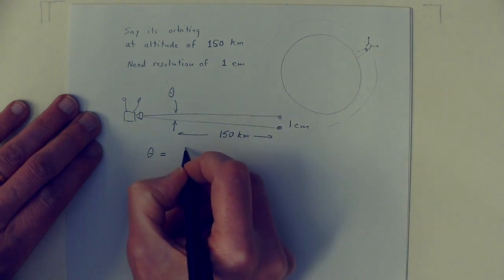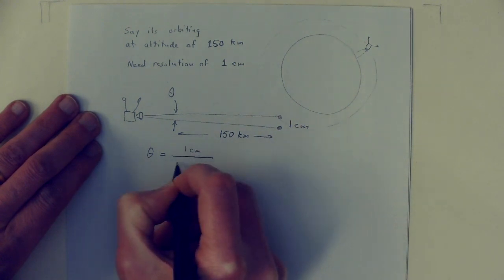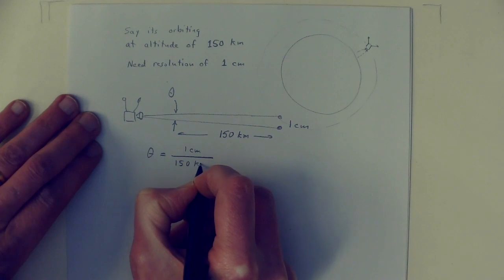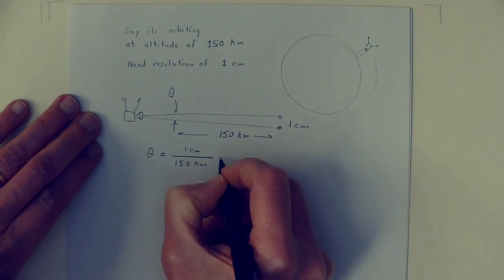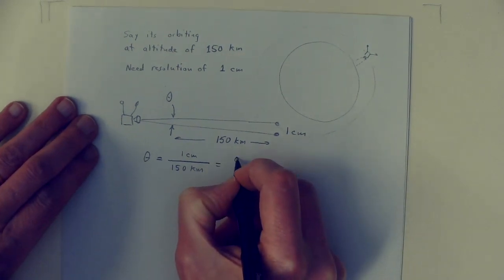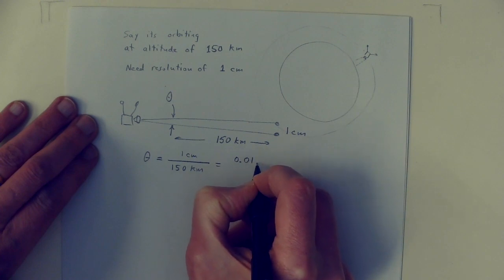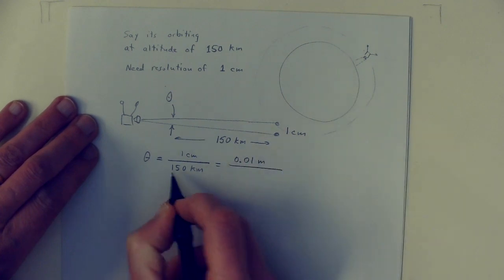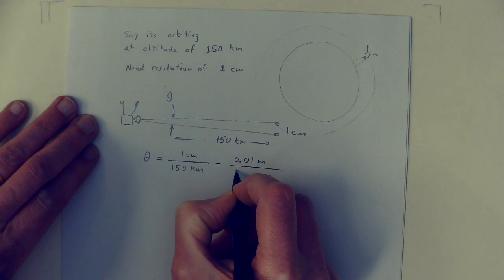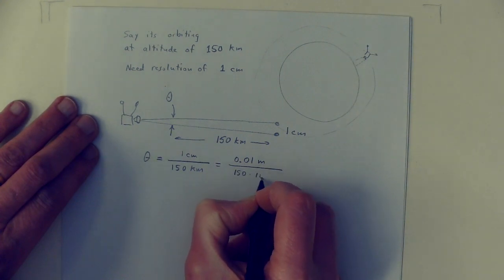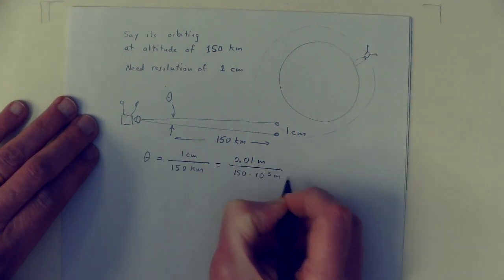The separation, so this would be this 1 centimeter divided by 150 kilometers, but we've got to fix the units here real quickly. So 1 centimeter I would rewrite as 0.01 meters. 150 kilometers, well, I could write that as 150 times 10 to the third meters.